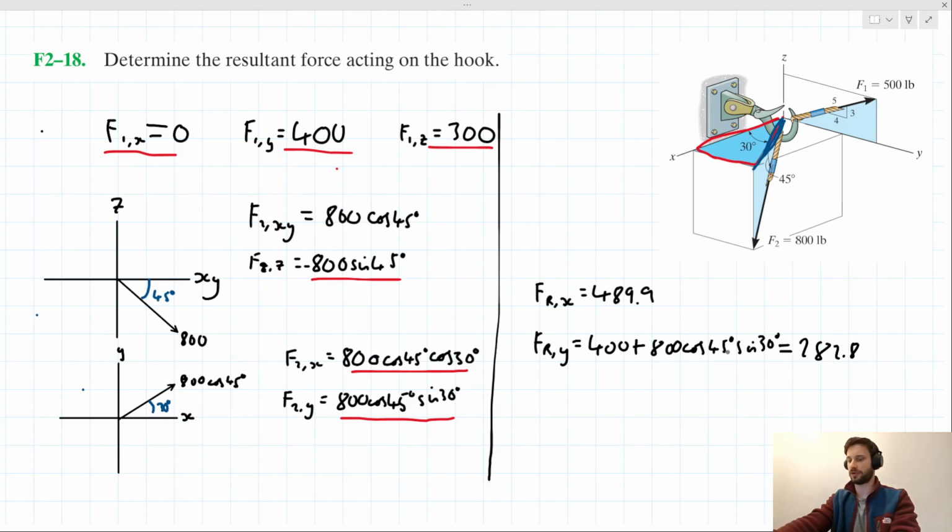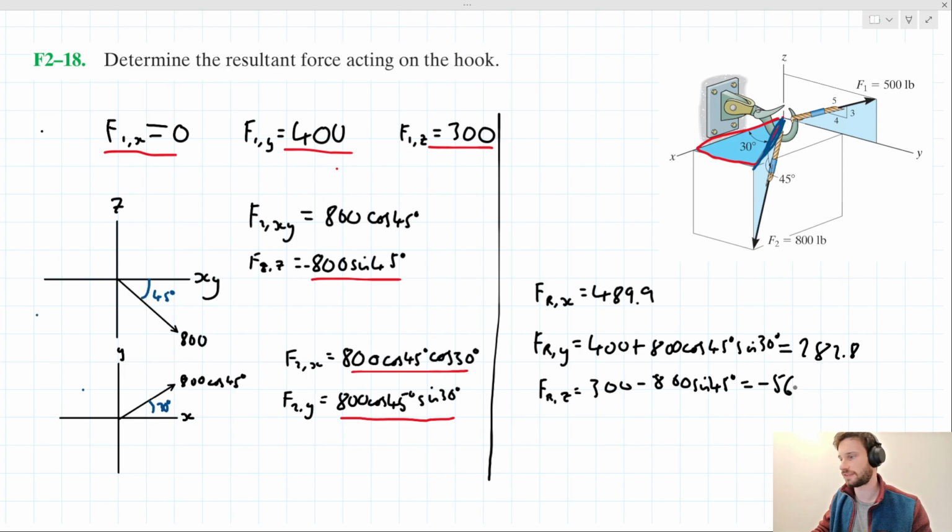And for our z component, we're adding this 300 here to this minus 800 sine 45. So we can say FR,z equals 300 minus 800 sine 45, which, when I put in my calculator, gives a value of minus 565.7, sorry.